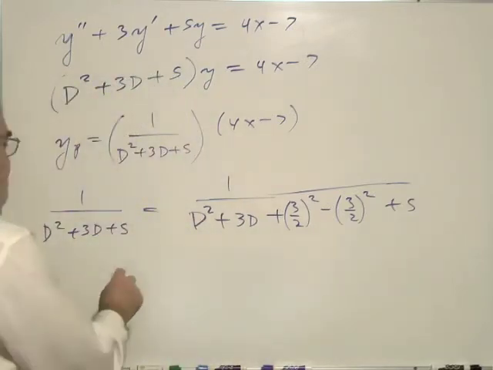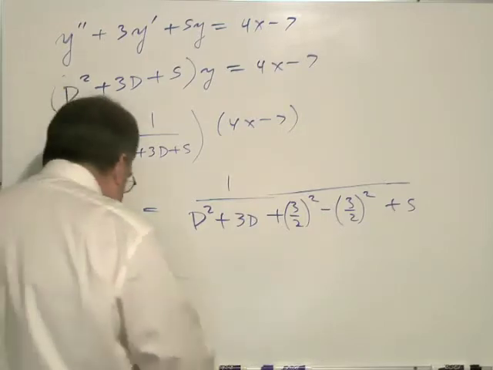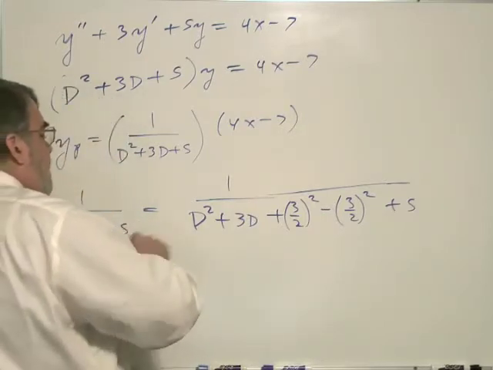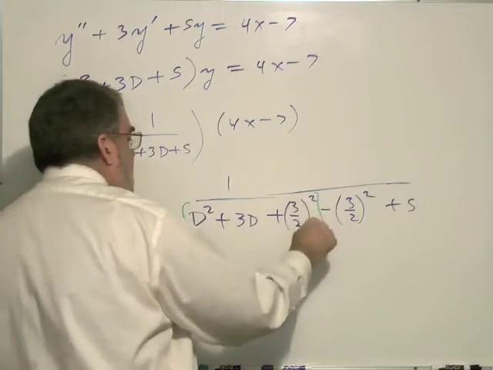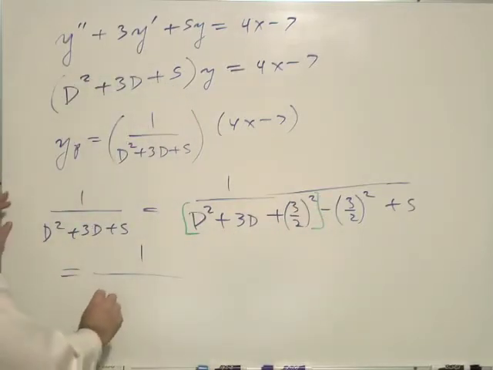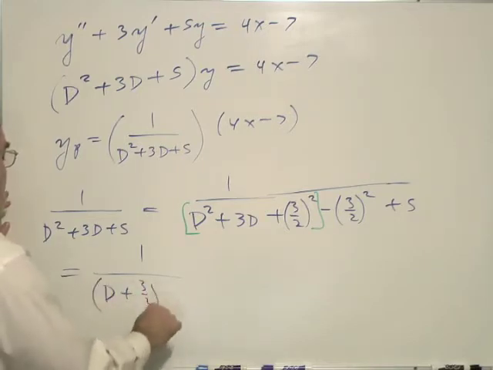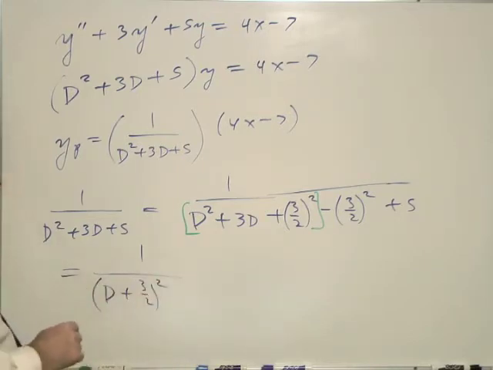Great. So now this becomes 1 over, and this part right here is a perfect square polynomial. What is it? Well, it's D plus 3 halves squared.